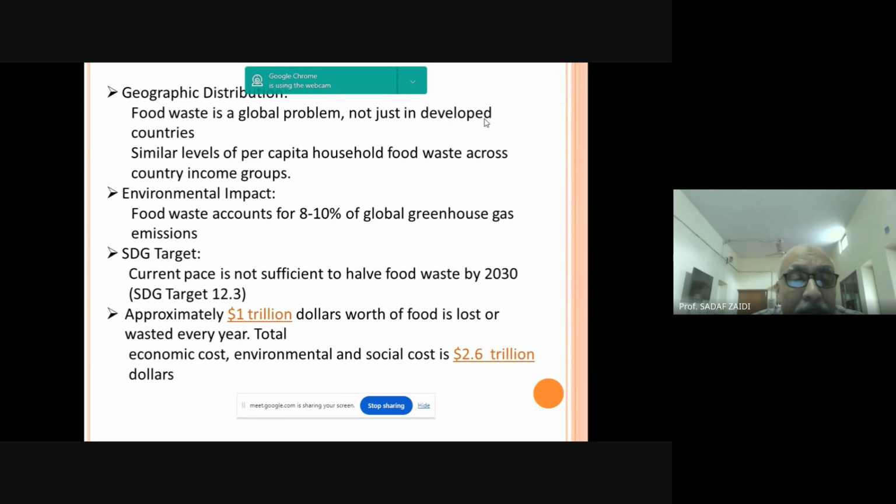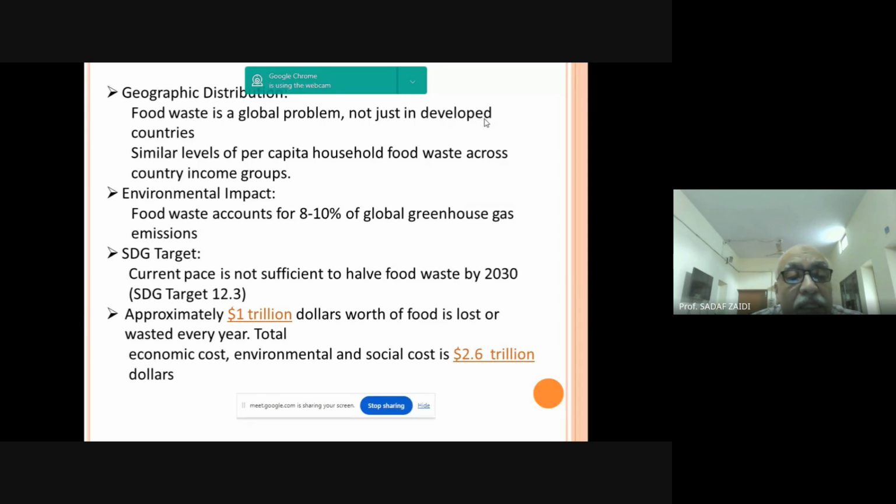Now, the other thing is that approximately $1 trillion worth of food is lost or wasted every year. So if you see the total economic cost, environmental cost, social cost, that comes out to be a whopping $2.6 trillion, which is equivalent to the budgets, the GDPs of several countries put together. $2.6 trillion. And $1 trillion worth of food is lost or wasted every year.